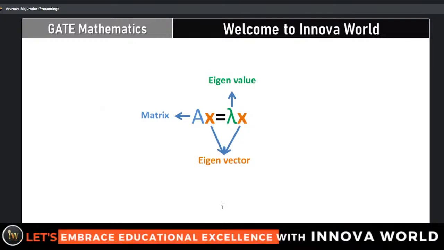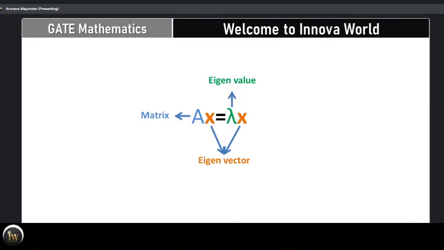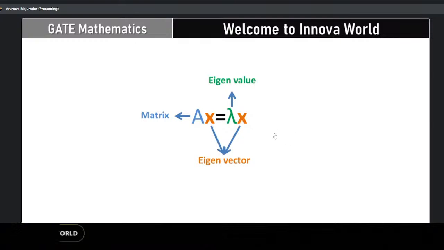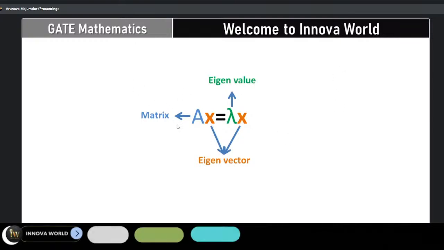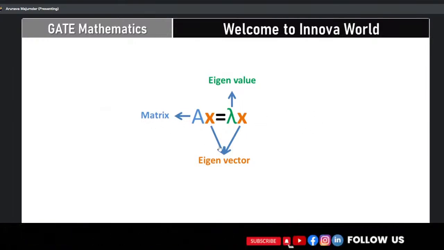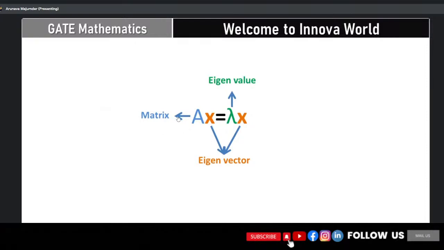I will give you a solution for the eigenvector of a 2 cross 2 system. Also we need the concept of a system of linear equations, homogeneous equations.